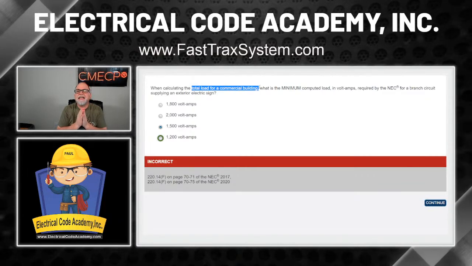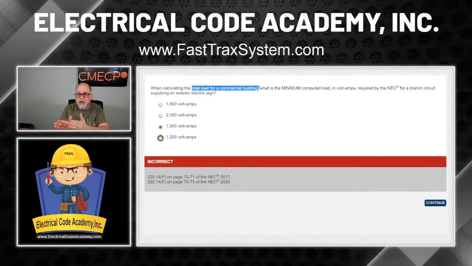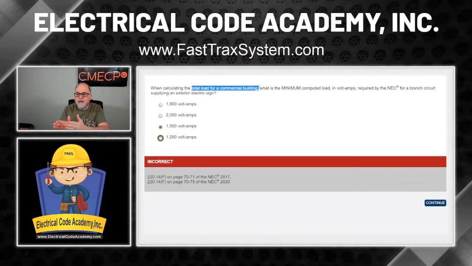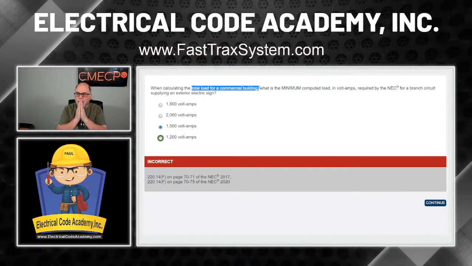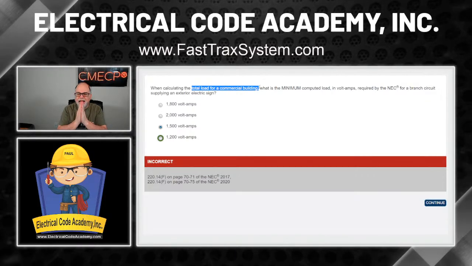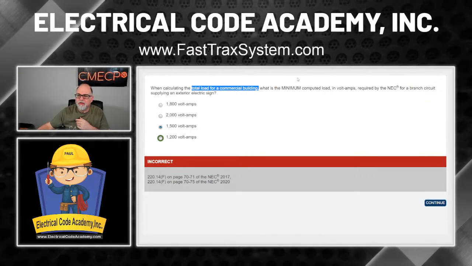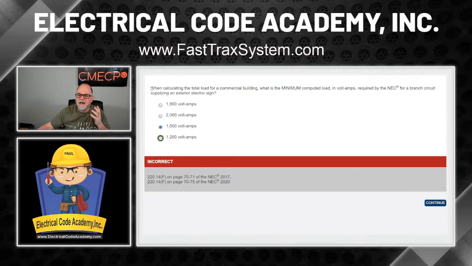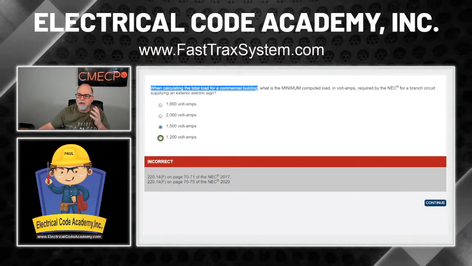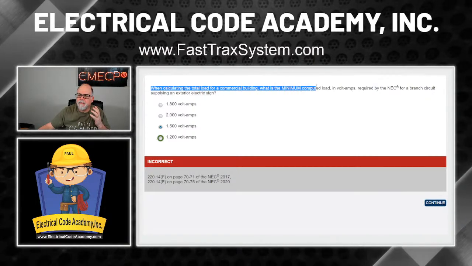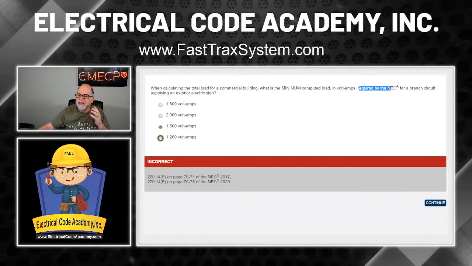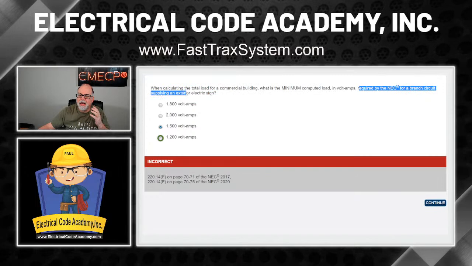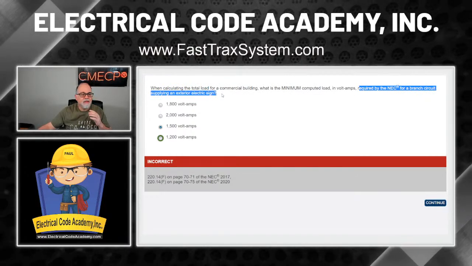Because it is so easy to go down the rabbit hole and read a question and then go, okay, what are they asking me? Because this question misled you. It says, when calculating the total load of a commercial building, what is the minimum computed load in VA required by the NEC for a branch circuit supplying exterior exit signs?